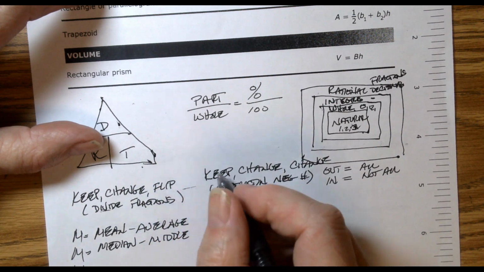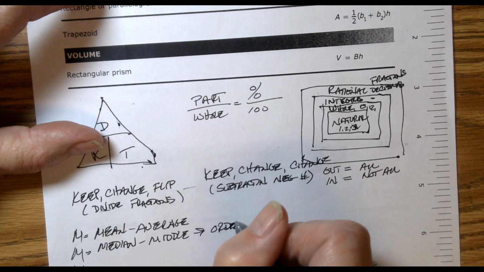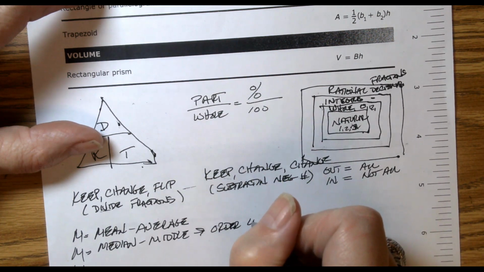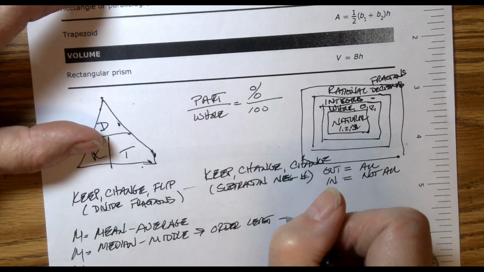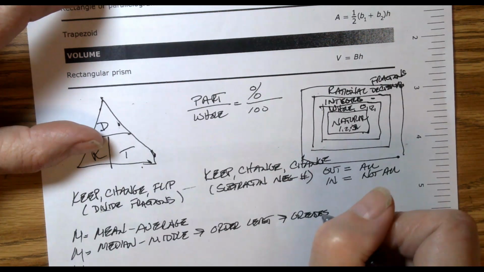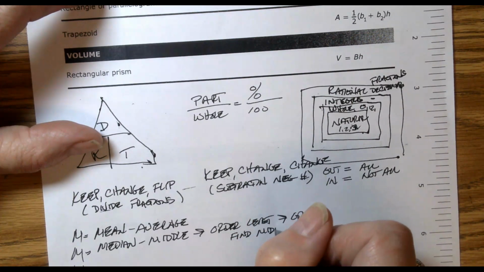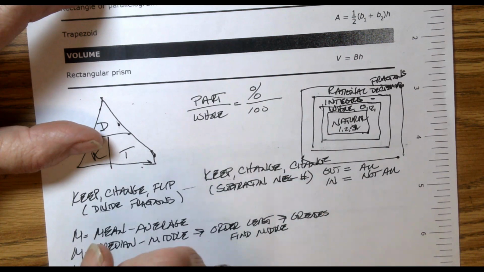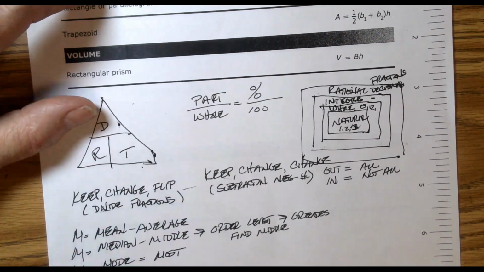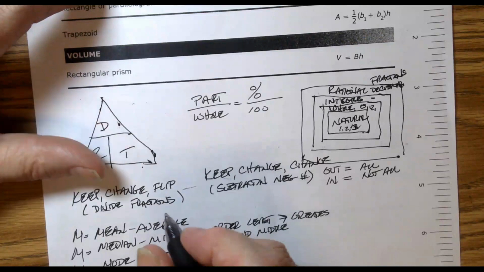And you do that by ordering them from least to greatest, and then you find the middle. Okay. The next M is mode, which stands for the most. So the number that you have the most of is your mode. You can have more than one mode. Sometimes I like to trick you with that.